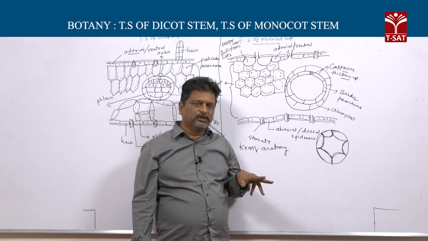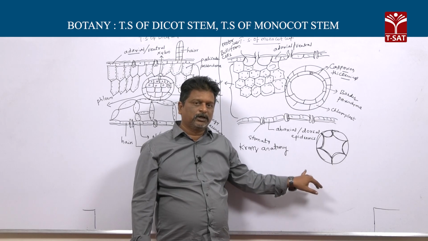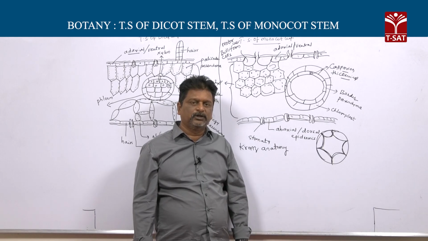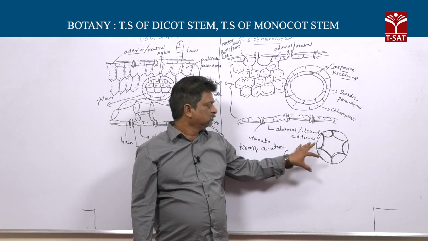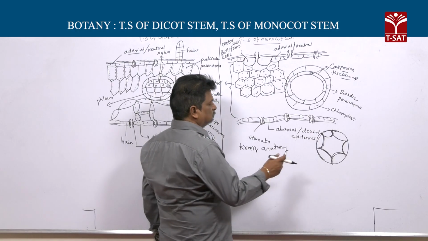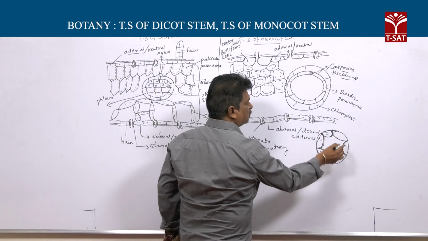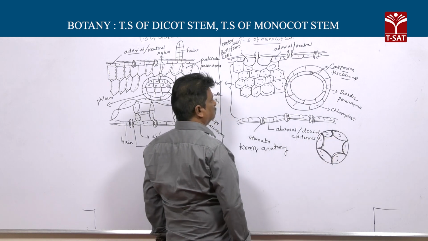These bundle sheath cells appear like a garland of flowers called a Kranz, a German word, and in English a wreath-like arrangement, present in some monocots. Generally, such monocots are called C4 plants.